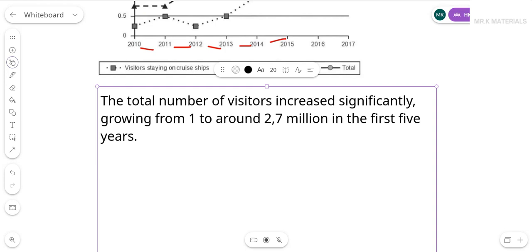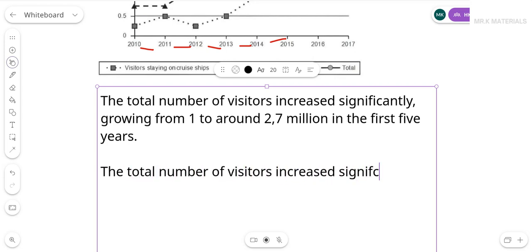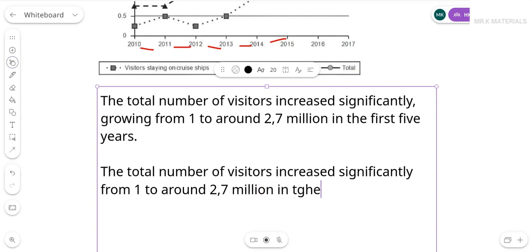I could have also written it in a shorter format here. I could have said the total number of visitors increased significantly from 1 to around 2.7 million in the first 5 years.